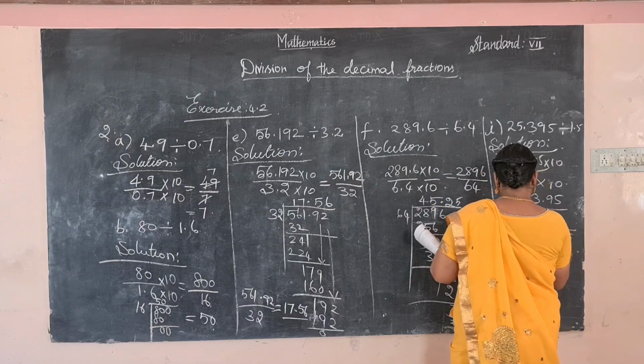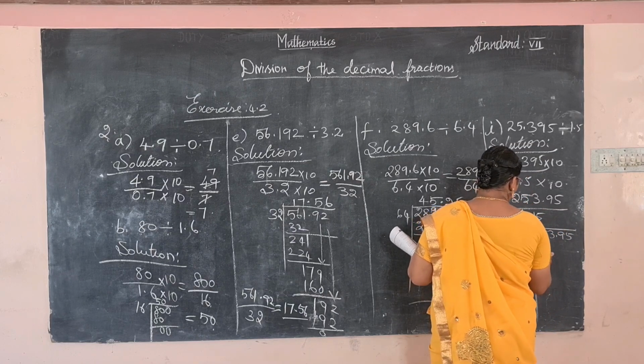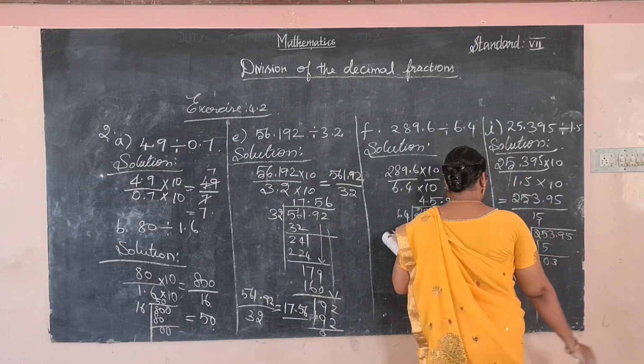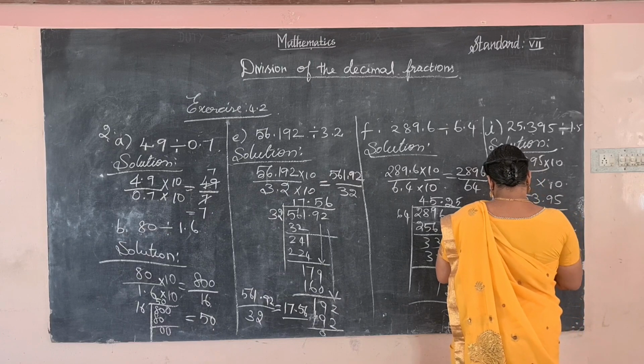253.95 divided by 15. How many times in the first 2 digits? 1 time of 15. The remainder is 10, bring down 3, so 103.